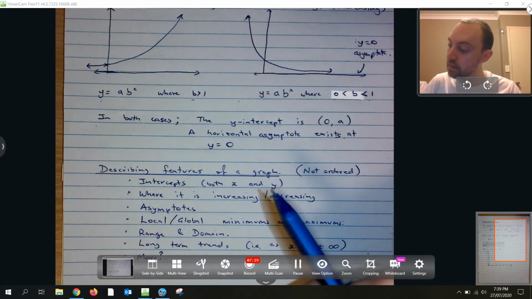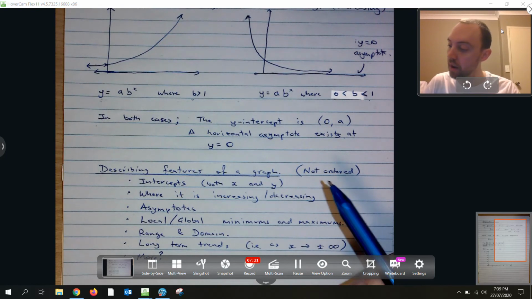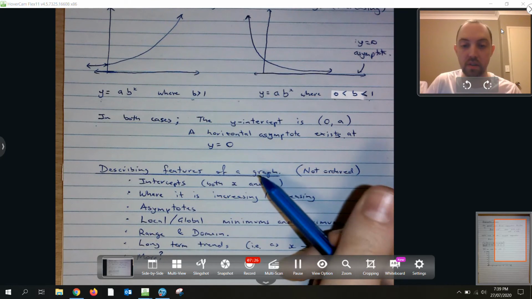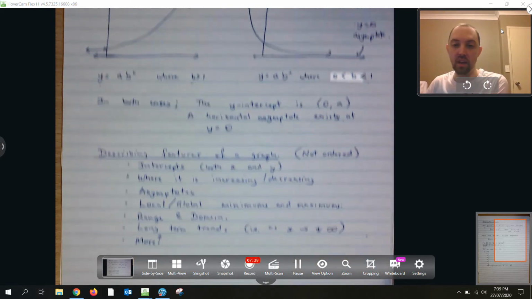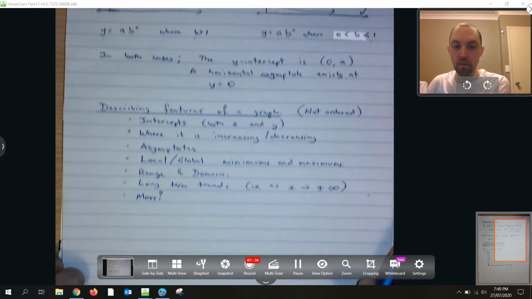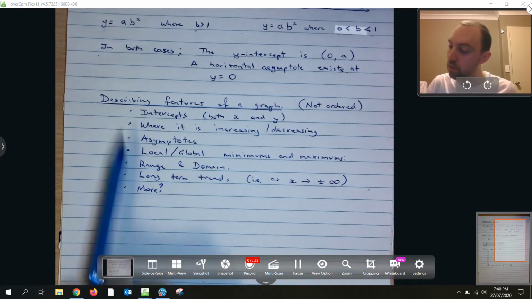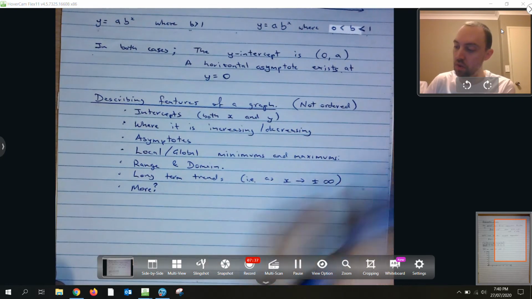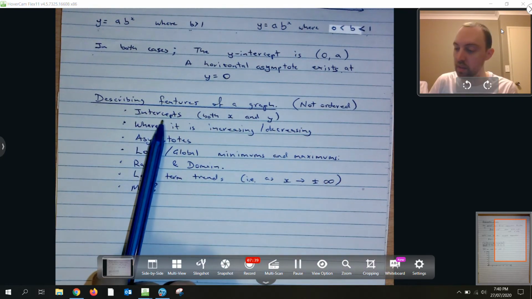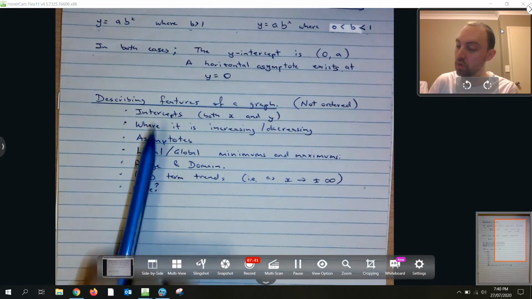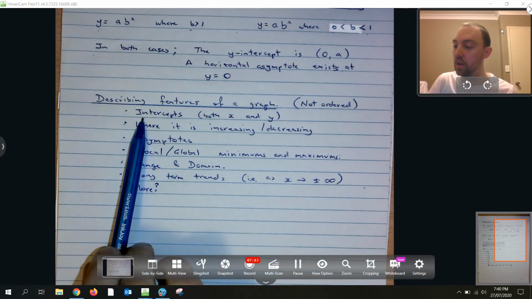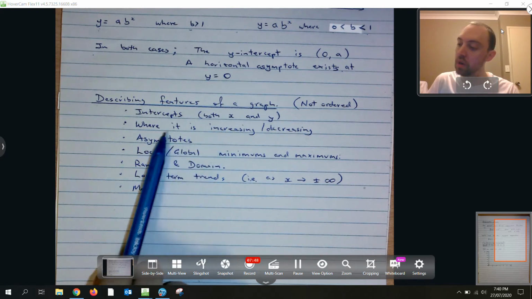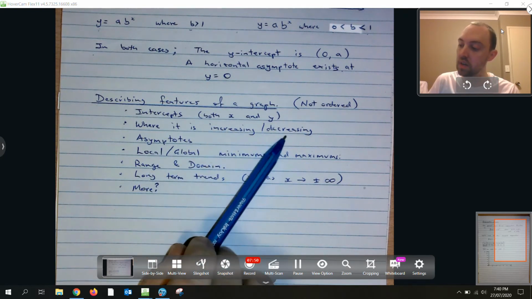Anyways, a big part of this exercise that you're going to do is describing features of a graph. Now, this isn't in any particular order, but when asked to describe features, intercepts is probably the easiest one to take a look at and always address. Both x and y intercepts are important. We could talk about whether it is increasing or decreasing.